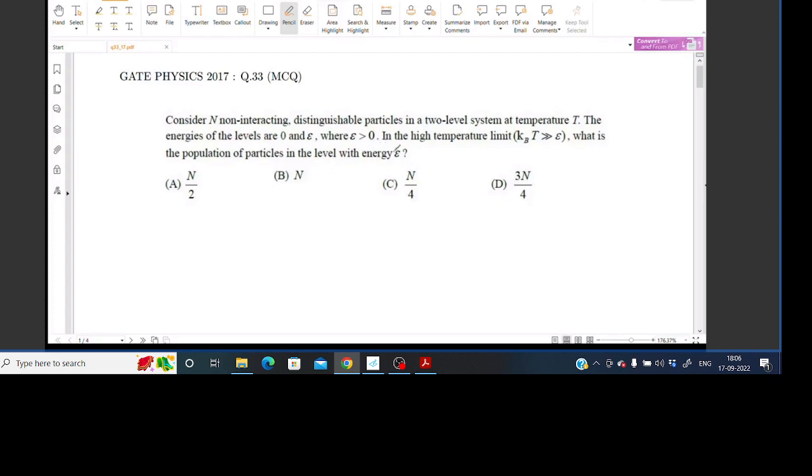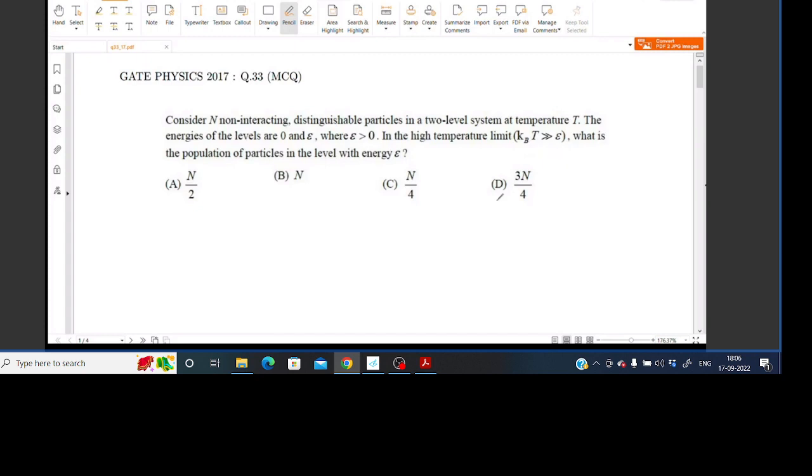We need to find out the population of particles in the level with energy epsilon in the high temperature limit, which means when kBT is much larger than epsilon.